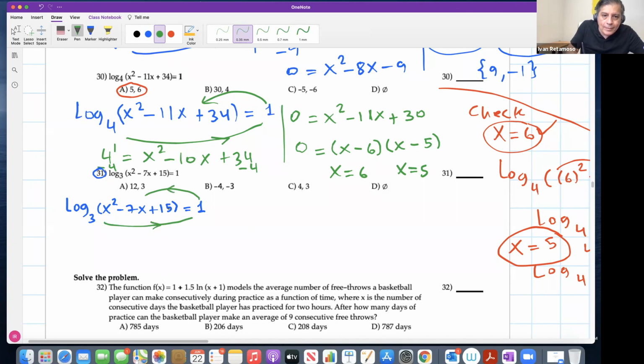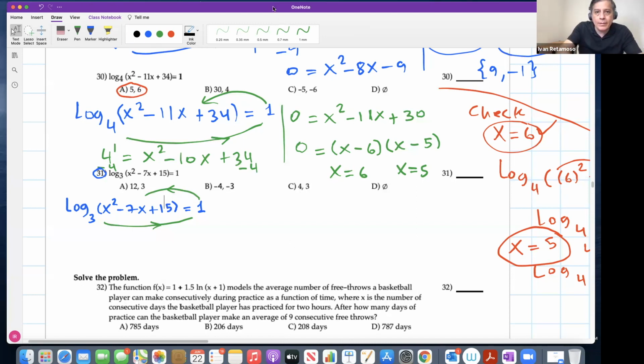Go from logarithmic form to exponential form, solve the quadratic equation, test the solutions that you get, and keep the ones that are good. All right, let's do it together.